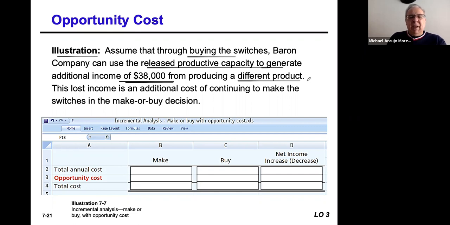So this lost income of 38,000 would be an opportunity cost if they chose to make it, because if they're making the switches instead of buying them, they wouldn't be able to use the factory to produce this other product. Thus, they'd be losing out on the opportunity to make an additional 38,000 on top of it.